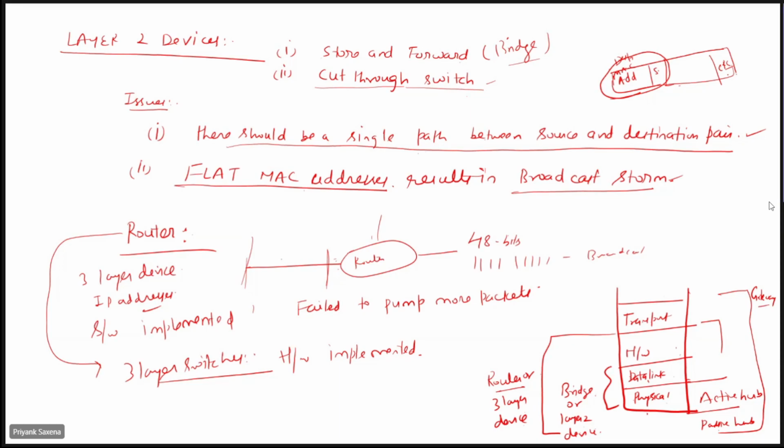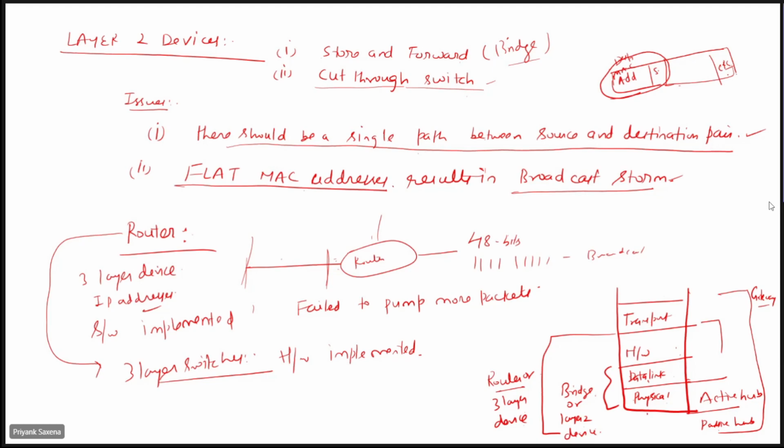The first problem is, as we have discussed, that when there are multiple redundant paths, there should not be any closed loop, or you can say there should be a single path between a source and destination pair.